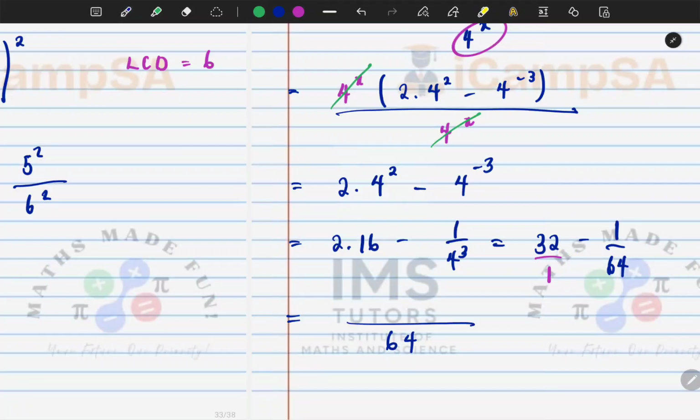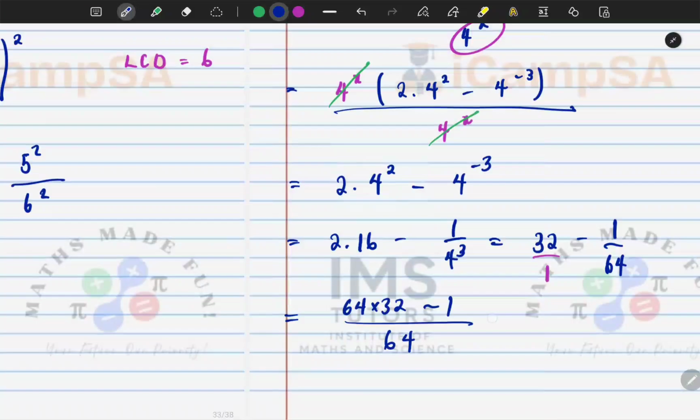How many times does 1 go into 64? It's going to be 64 times. And then you have 64 times 32. And then how many times does 64 go into 64? It's 1 time, so this is going to be minus 1.